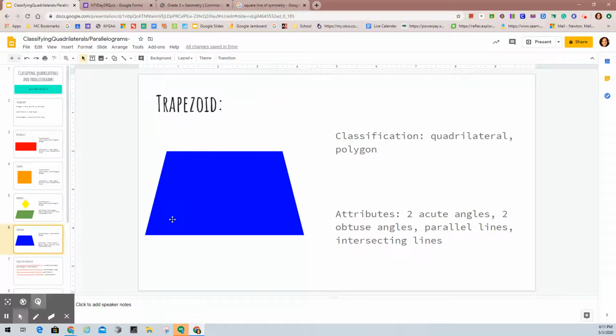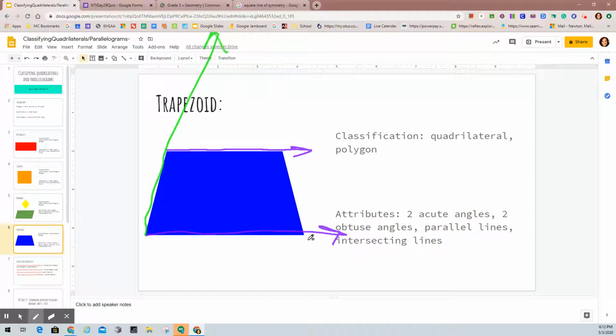The trapezoid doesn't qualify for that because it only has this one set of parallel sides. When we talk about a set, it's like a pair. It's like a pair of shoes. You have to have both shoes in order for it to count. So you have one pair right here. This would not count because we said that eventually it will intersect.